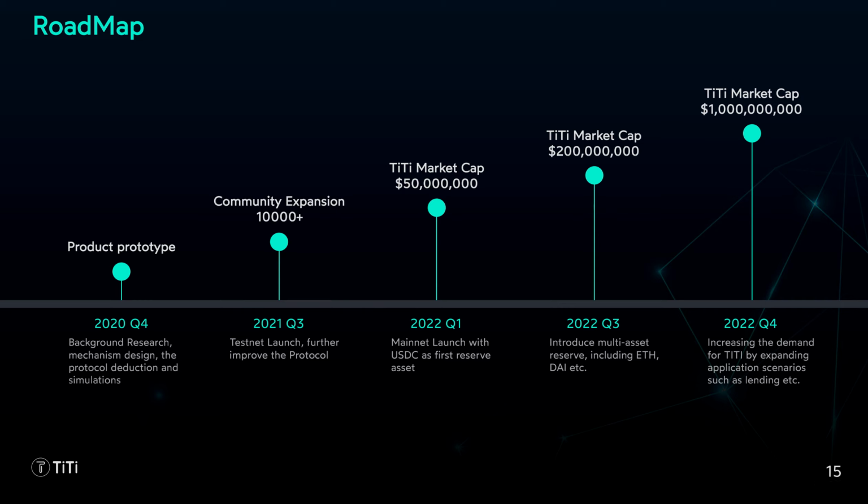Okay, this page is the roadmap. Actually, last December, we started background research, mechanism design, and protocol deduction and simulation. And for the past 6 months, we did a lot in preparing all the materials and the product design.